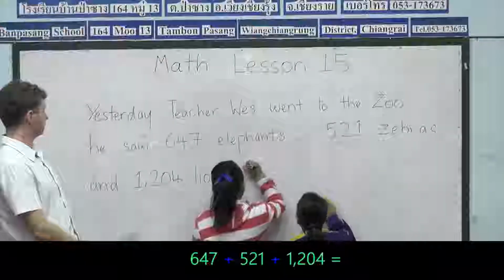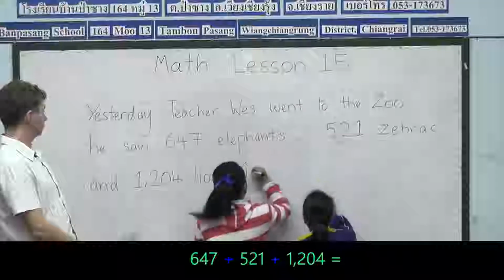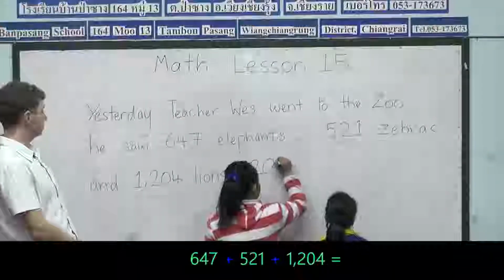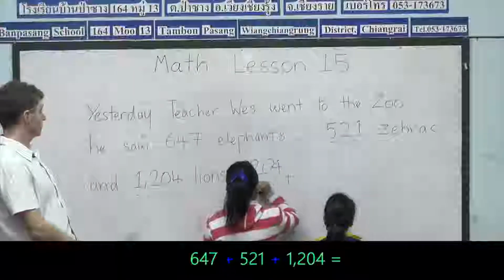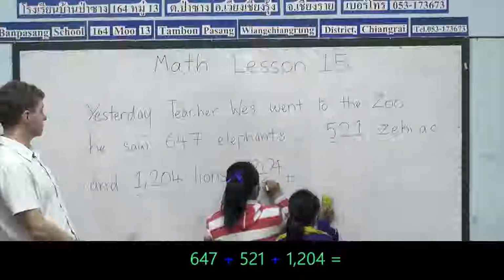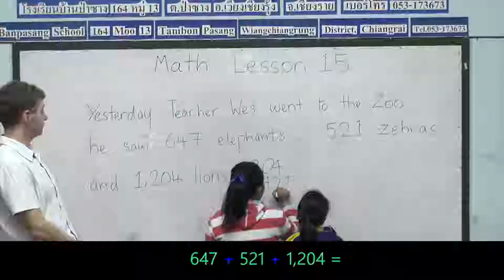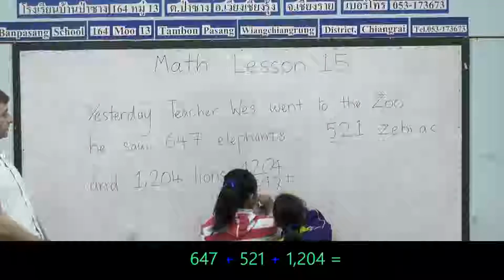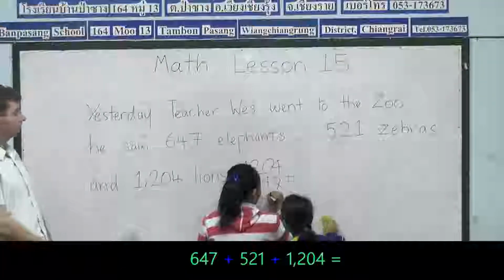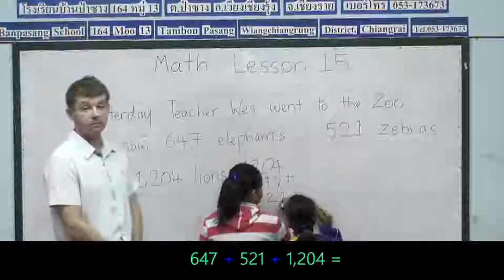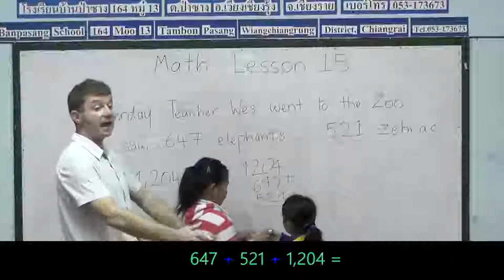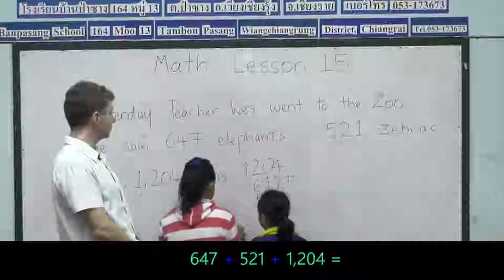So 1,204 plus 647 plus 521. We add three numbers together to see how many animals I saw at the zoo.